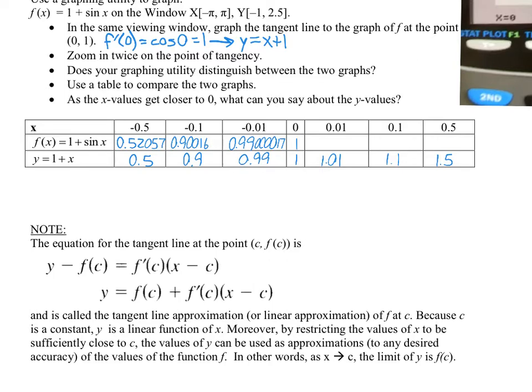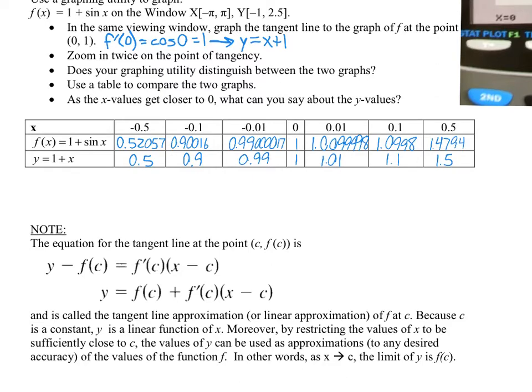If we keep going here, 1.009998, 1.0998, and then 0.5 is 1.4794. Okay, so we have that.